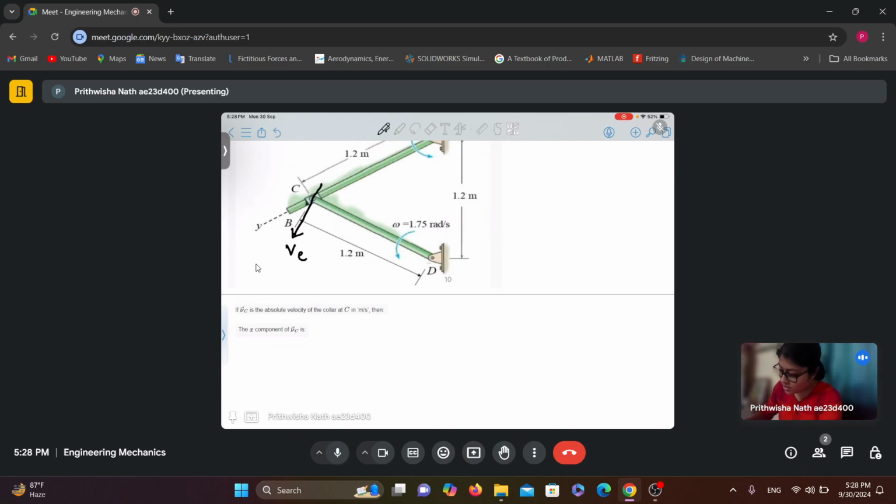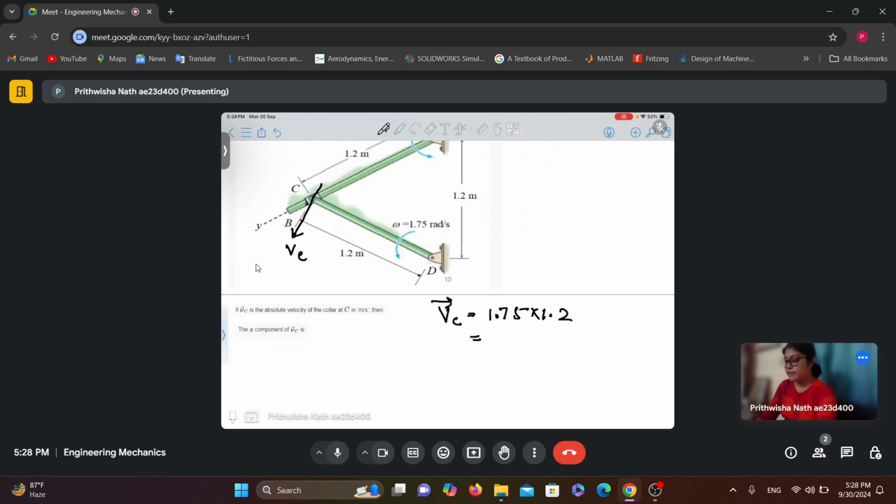Now what is VC? VC can be written as omega cross R, right? So omega is 1.75 into R is 1.2.